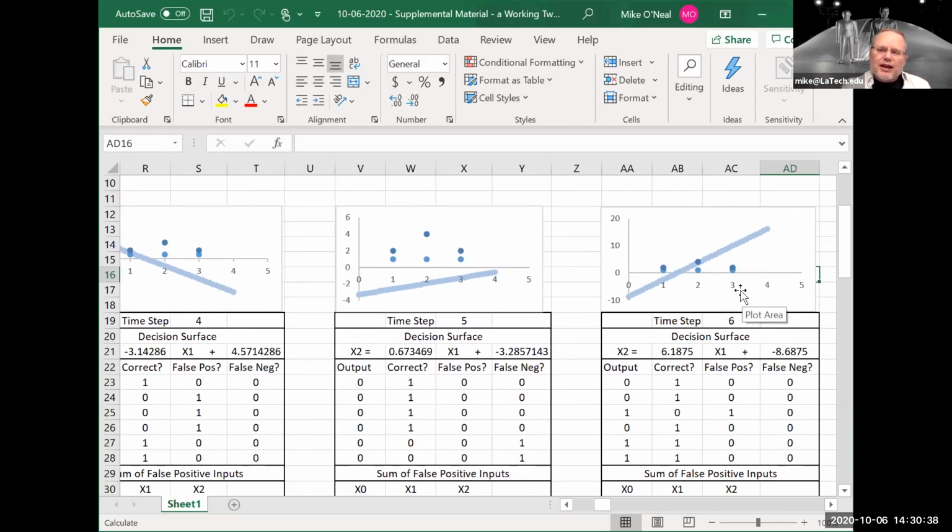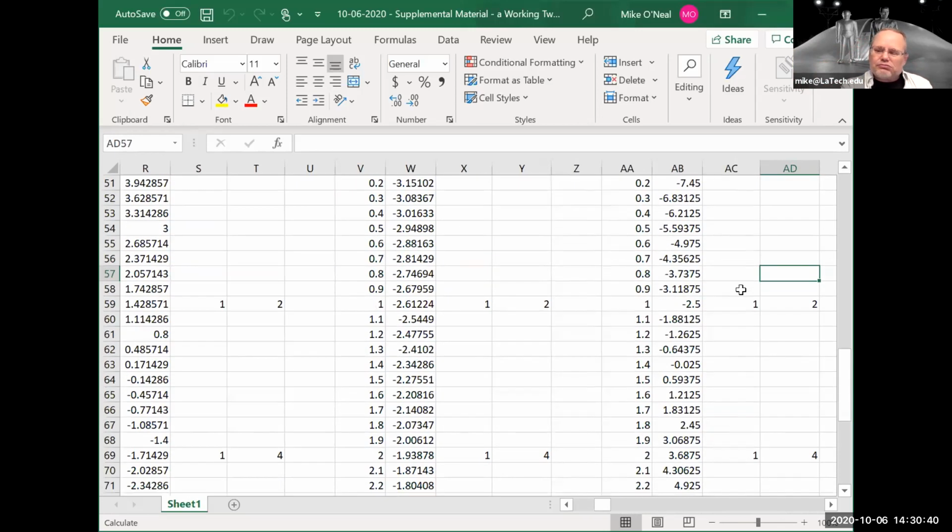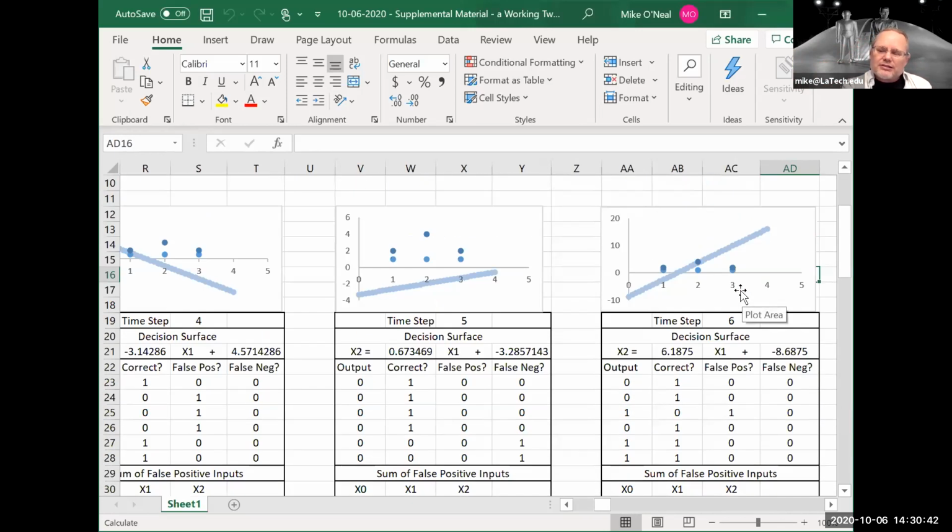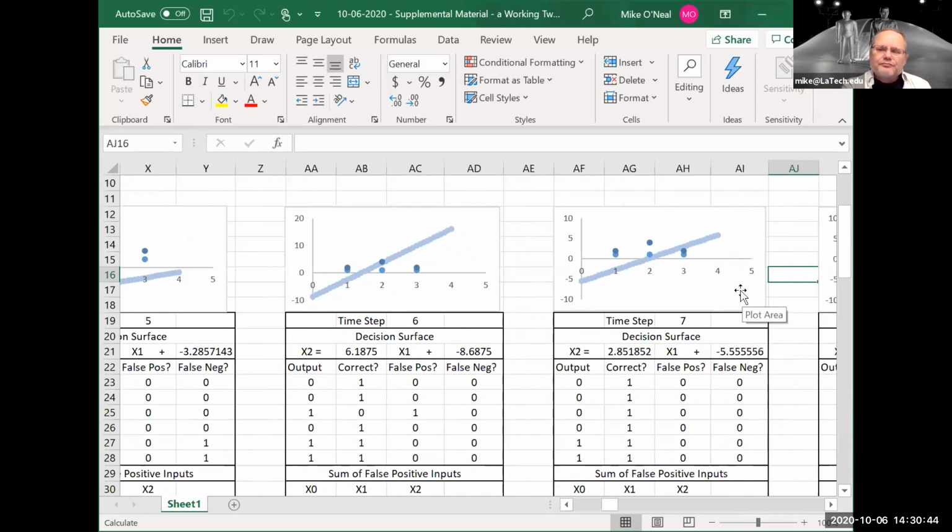And you'll notice something that happens after step 6. Once we finish with step 6, we've got this decision surface here. These two guys will generate a positive. All of these will generate a negative.